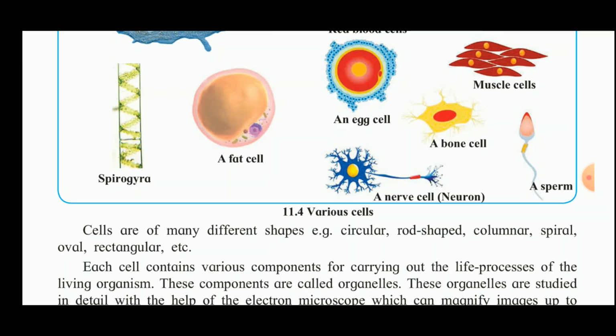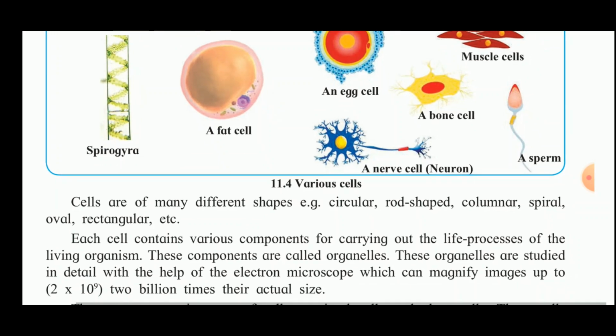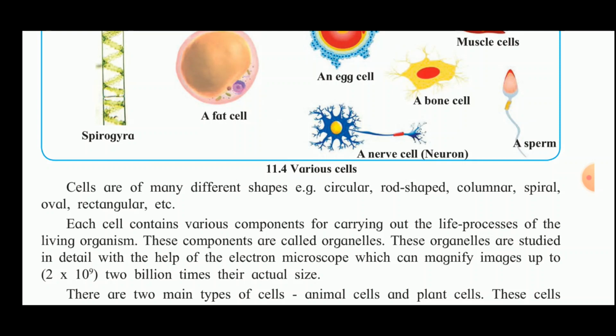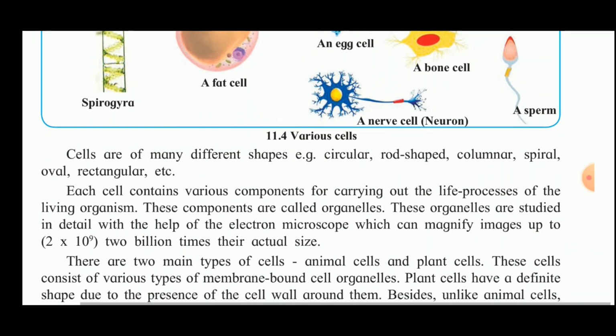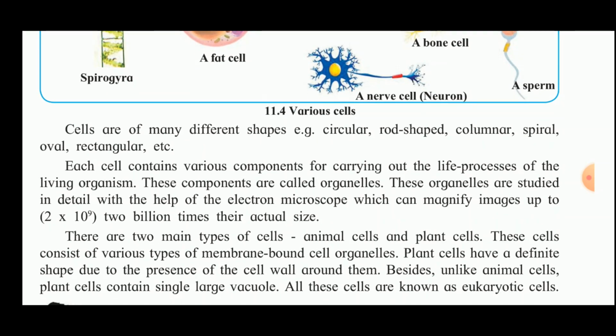Now each cell contains various components for carrying out the life processes of the living organism. These components are called organelles. These organelles are studied in detail with the help of the electron microscope, which can magnify images up to 2 into 10 raised to power 9, that is 2 billion times their actual size.